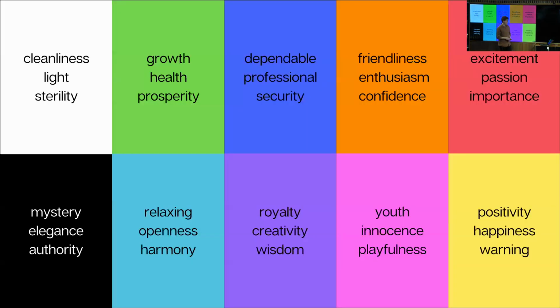A little bit more on the subtext for color, or I guess the meaning behind it. Colors do have some kind of inherent meaning based on different cultures. This is certainly not the same all around the world. It's not universal, but in a lot of Western cultures, a lot of these associations make sense. For example, you'll see a lot of insurance companies and banks and professional services using blue because it's dependable and it's really good for security and professionalism.